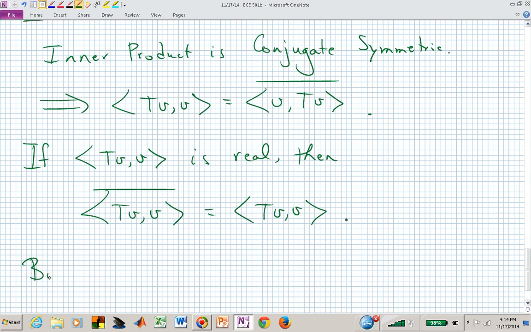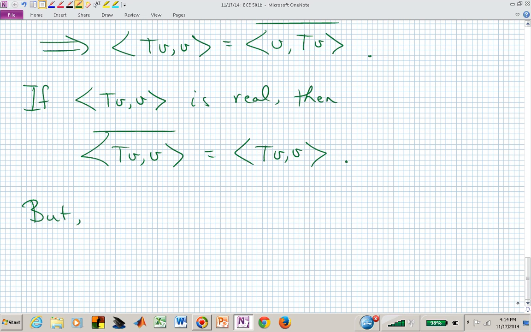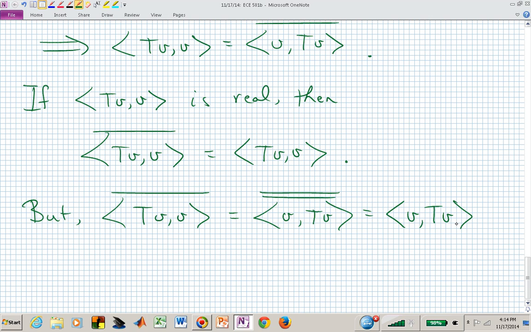But if I actually look at the conjugate of the inner product of TV with V, by definition, that's the conjugate of that when I interchange the two vectors in the first and second slot. Meaning, I can interchange V and TV, but I need to take the conjugate of that. And the conjugate of the conjugate, I just get the number back. So that this is now equal to the inner product of V with TV.